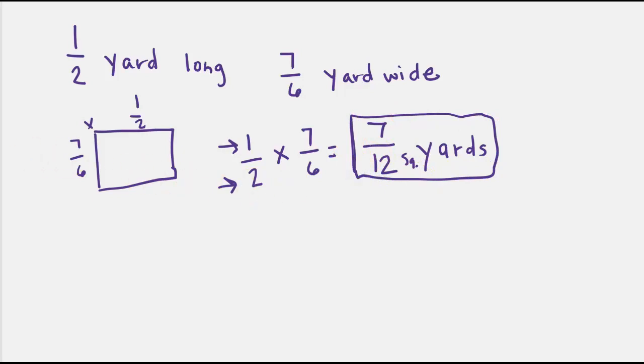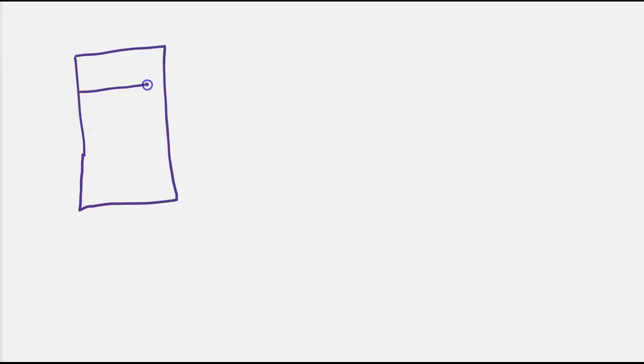Let's do another one. Once again, I'm just going to read this out loud and talk through it. Say for example, I'm given a problem with a model already drawn for me.